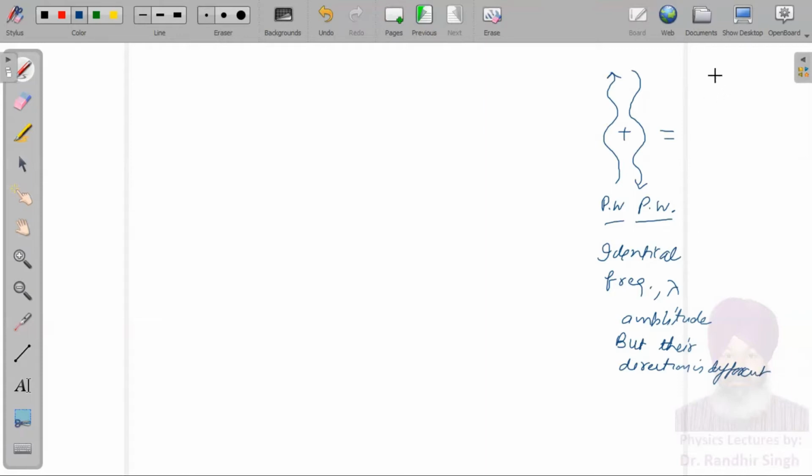And when these waves mix with each other, stationary waves like this will be formed.